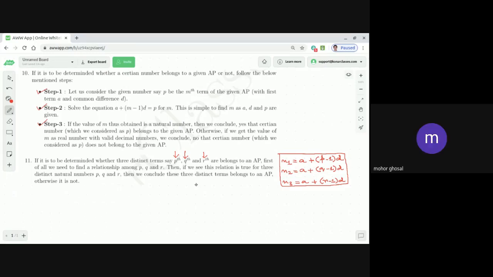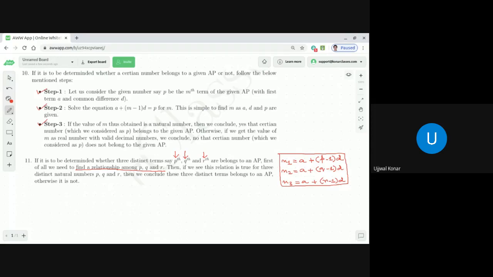From there, what we need to do? First of all, we need to establish a relationship among P, Q and R. Then, if we see this relation is true for three distinct natural numbers P, Q, R, it is not that for P equal to 5 and Q equal to 5 and R equal to 7, you are going to get this relation.